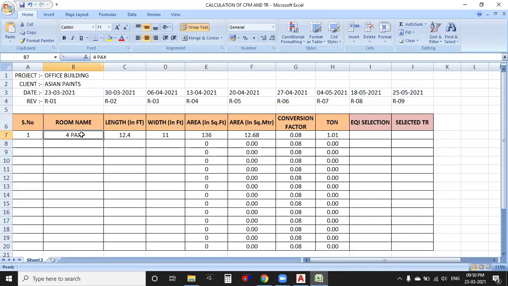Going to 4-pack, Control C, giving here Control V. So this also I am giving here 12.4 as well as 11. If I input 12.4 and 11, see, automatically every value is coming. This and all you have to get manually. So I am changing my color. It will come automatically.